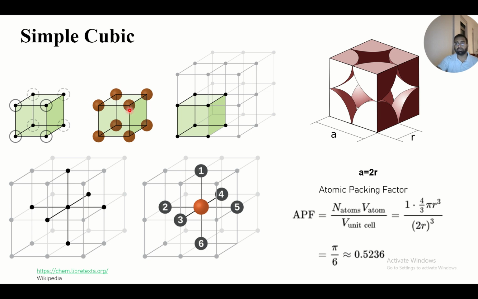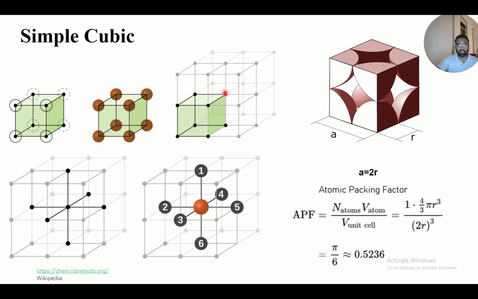coordination number. But that's not the case, because this unit cell is repeating over a long range. So you have many cubes around it. Let's say you have this cube and this, then how many atoms are near this atom?